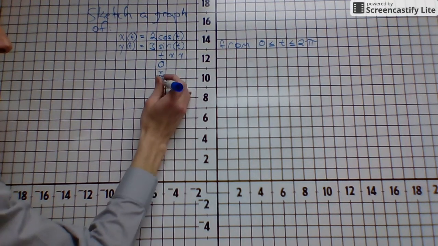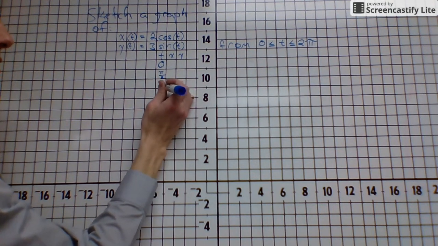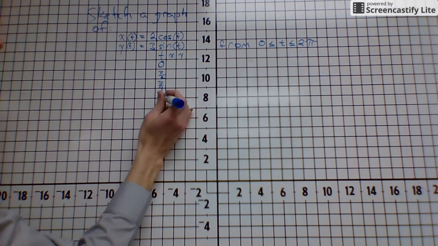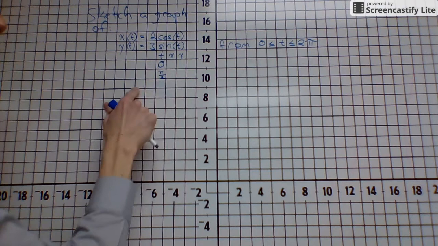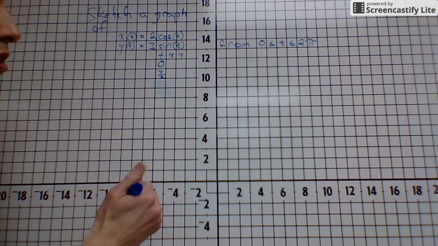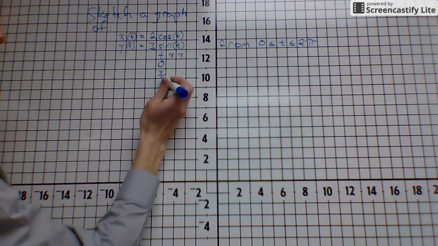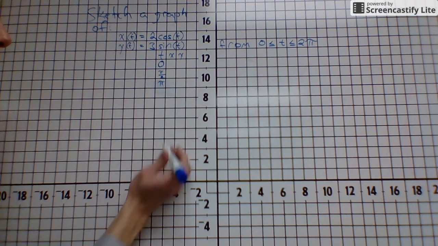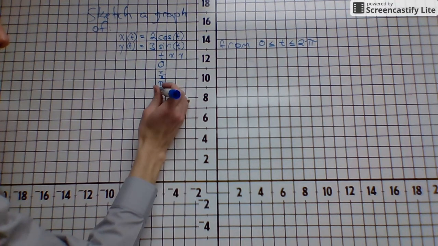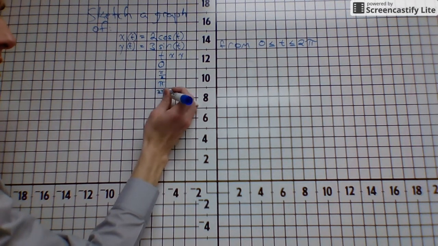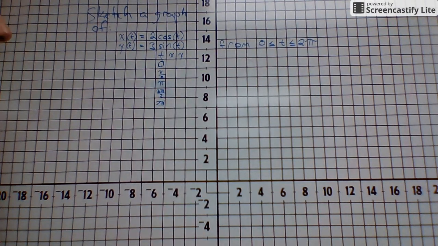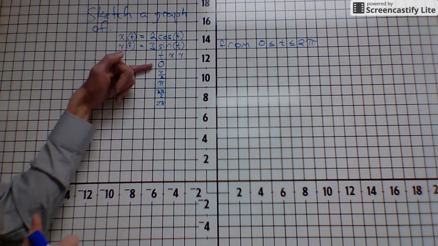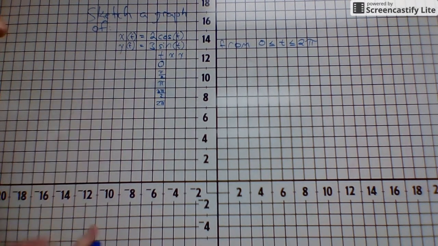If we're going at an interval of pi over 2, we would add pi over 2 to that and get pi. Add pi over 2 to pi, and we get 3 pi over 2. Add pi over 2 to that, and we'd have 2 pi, which is our greatest t value. So we're going to be finding an x and y for each of these 5 times.